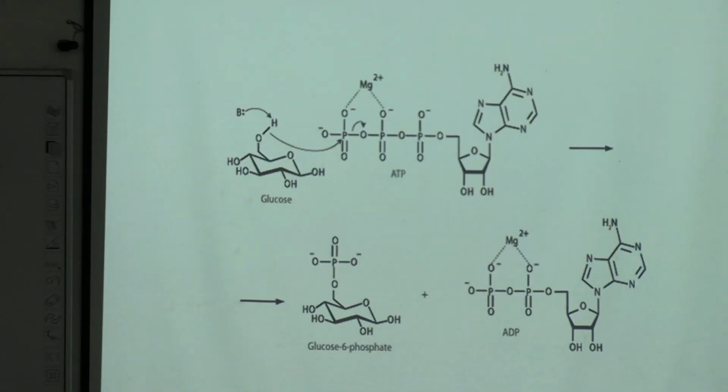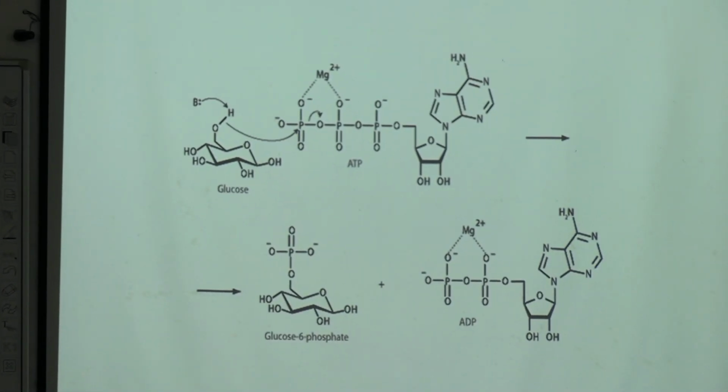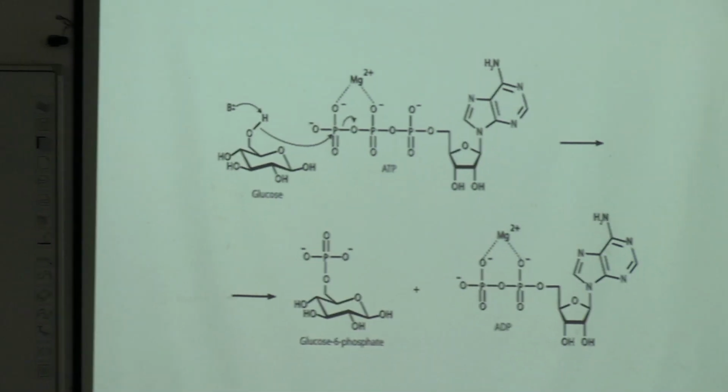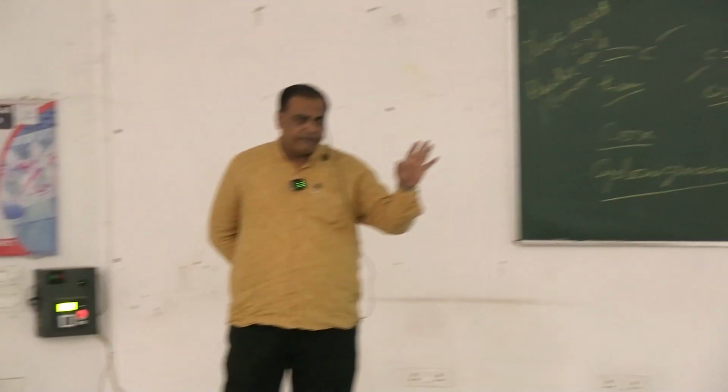This is a metal activated enzyme. See what magnesium is doing here? This is the first step of glycolysis, that is addition of phosphate to the 6th position of the glucose molecule to form glucose 6-phosphate from ATP in the presence of magnesium ion and hexokinase.